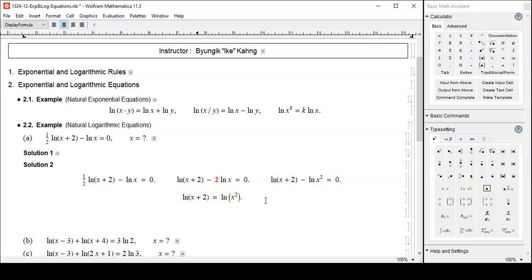Okay, and then we can take exponential of both left-hand side and right-hand side. So e to the log of x plus 2 equals to e to the log of x squared.